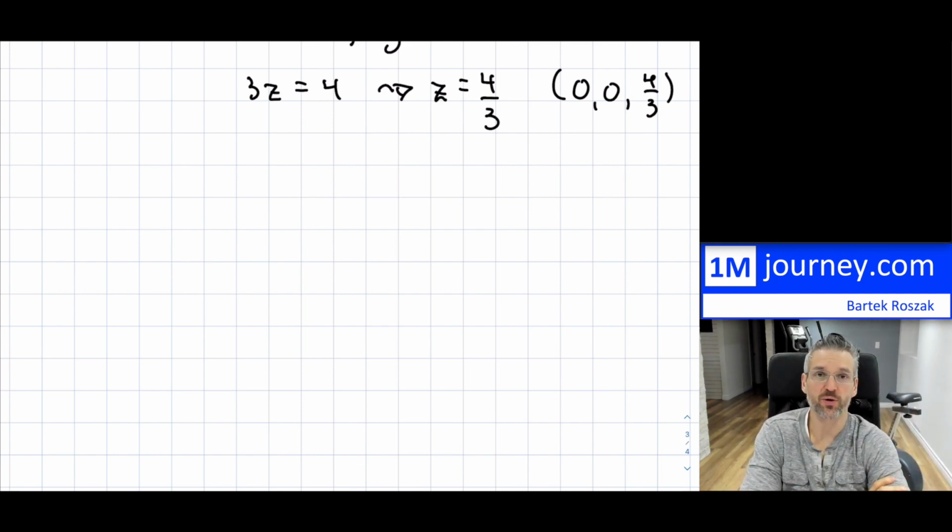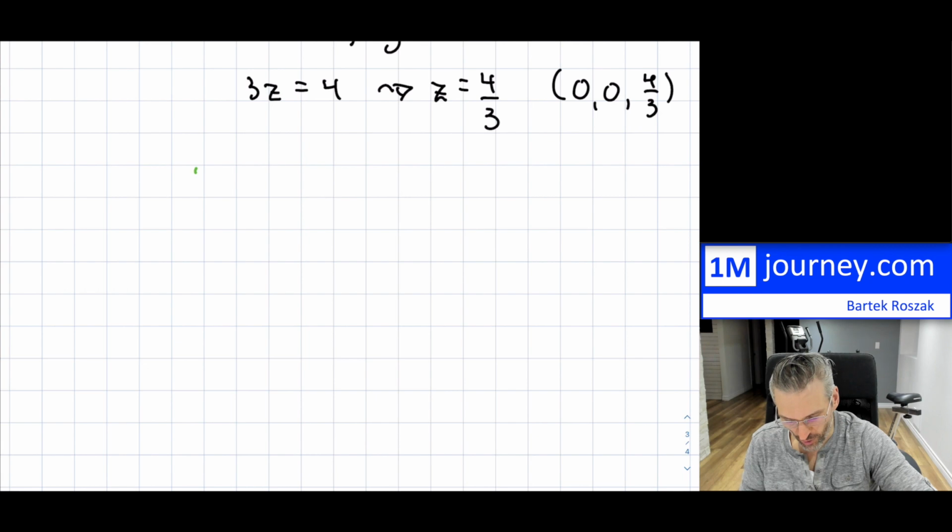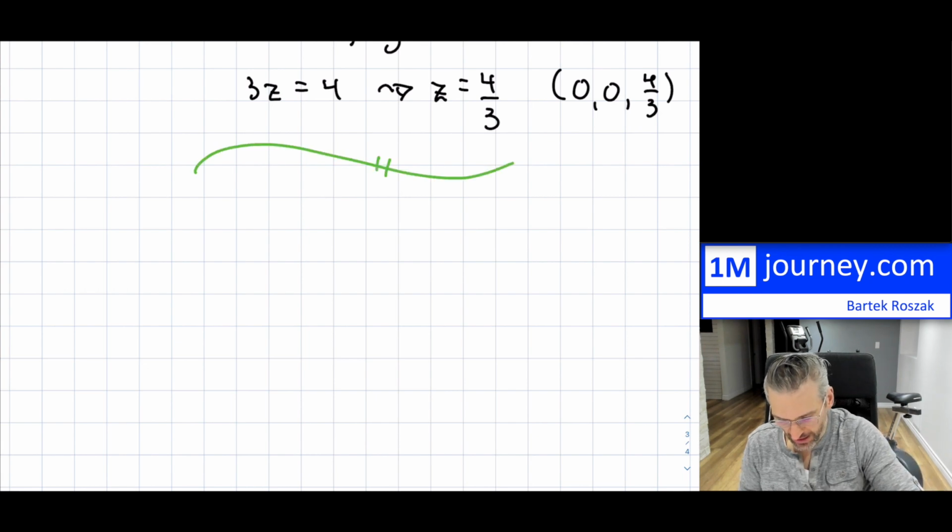From those 2 points, you can find the slope, and then you can find the y-intercept, and you're done. Well, in 3 dimensions, 2 points is not enough, right? With 2 points, we can draw a line through them, but we don't know if it is a plane or not.